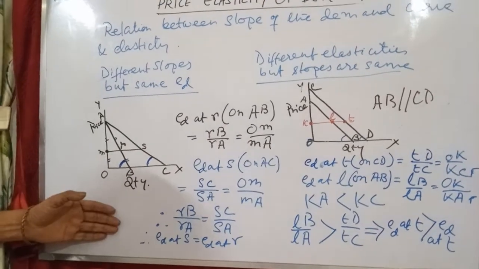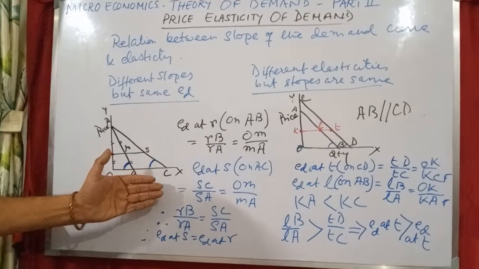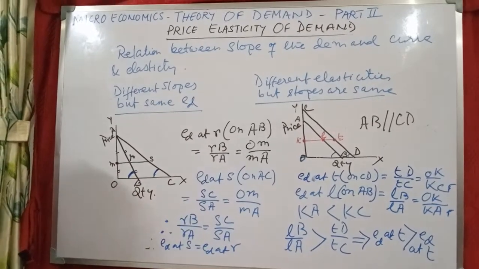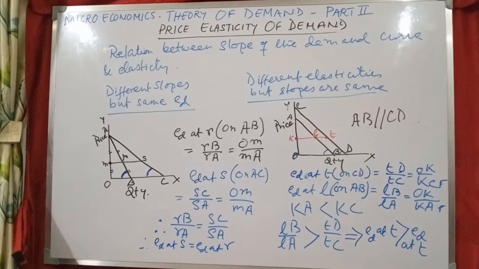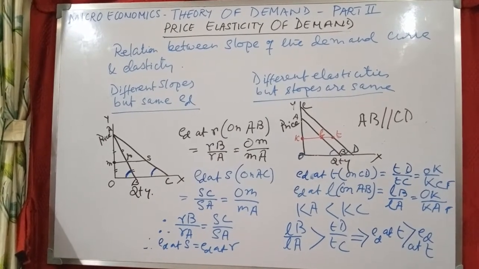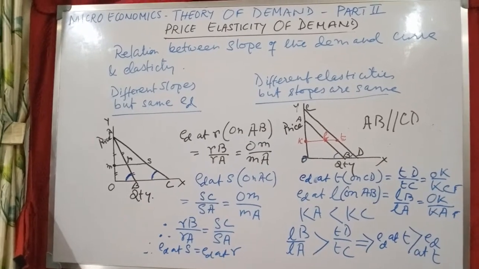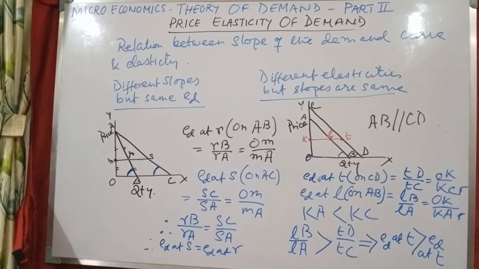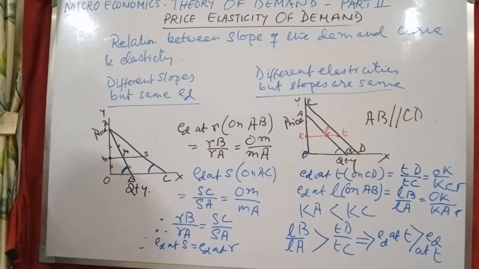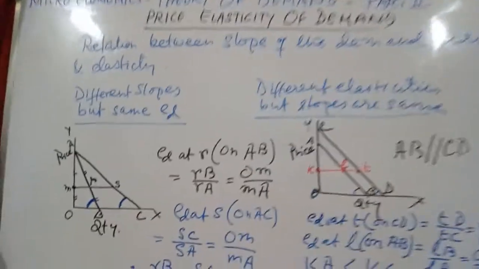Here you have learned that two demand curves with different slopes can have the same elasticity. This is the relationship between the slope of the demand curve and price elasticity.